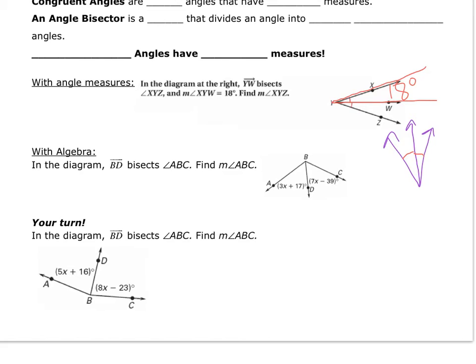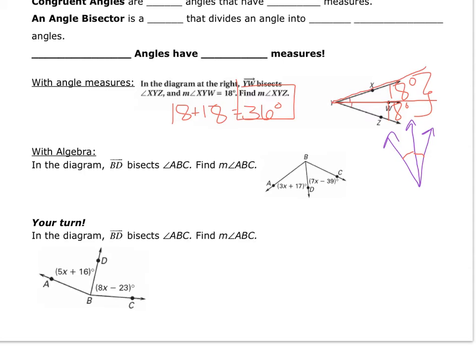They're like little arches. That means those angles are congruent to one another. Now, if this one is 18 degrees, and it's an angle bisector that cuts into two equal pieces, then this is 18 degrees. To find the measure of the whole thing, we would add those together. So that is your measure of angle XYZ.